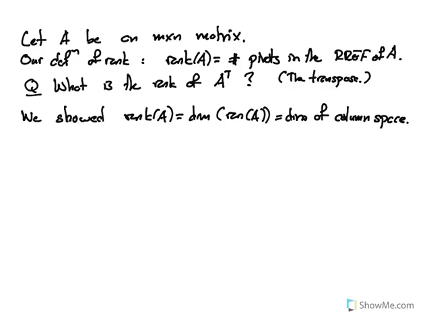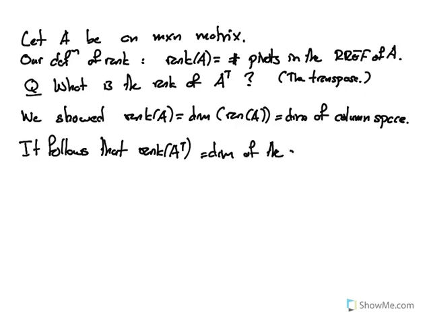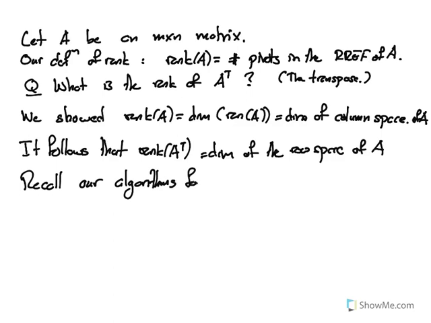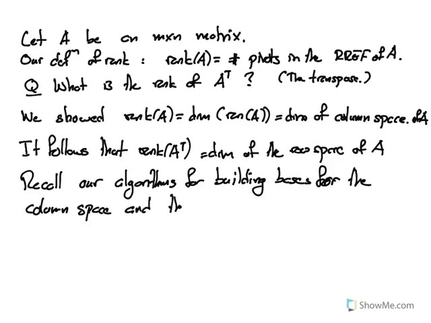And it follows that the rank of A transpose, well, this then is the dimension of the row space of A, because the columns of A transpose are the rows of A. And remember, the row space is the span of the rows of A. But now recall our algorithms for building bases for the column space and the row space.